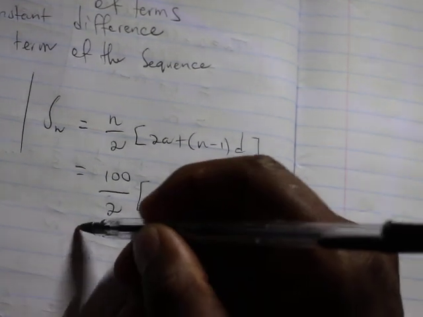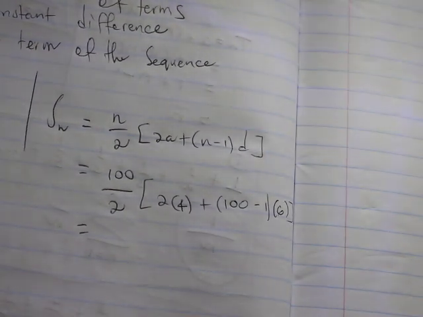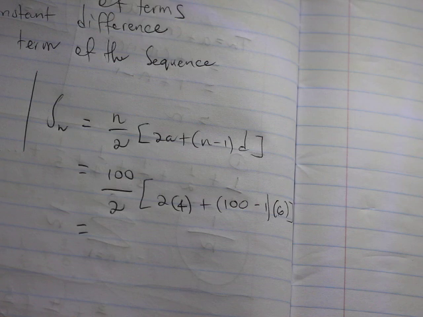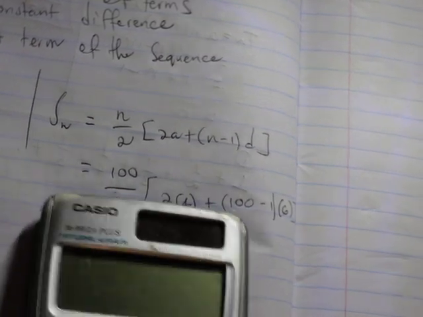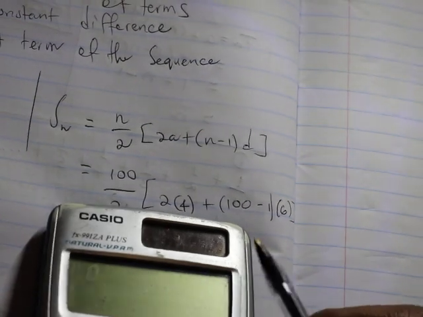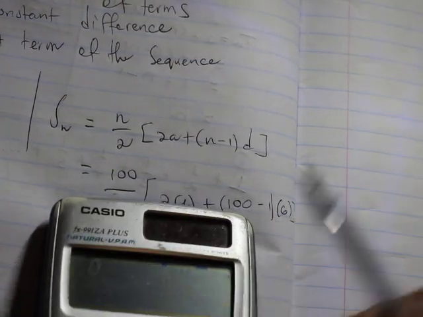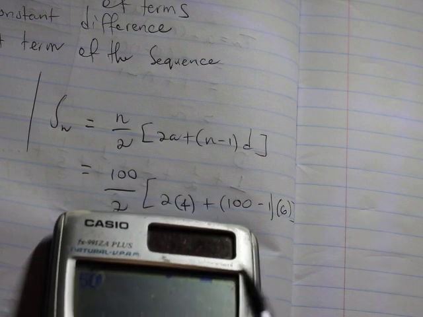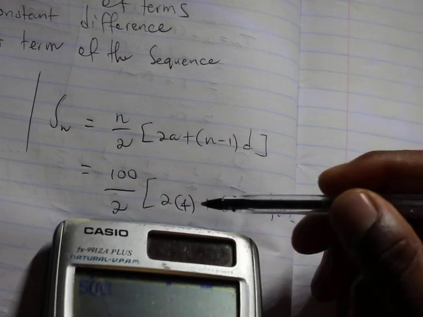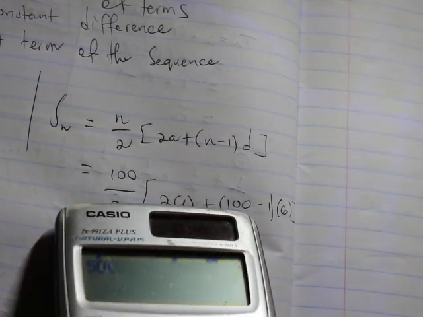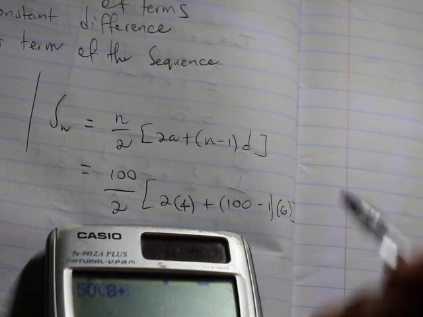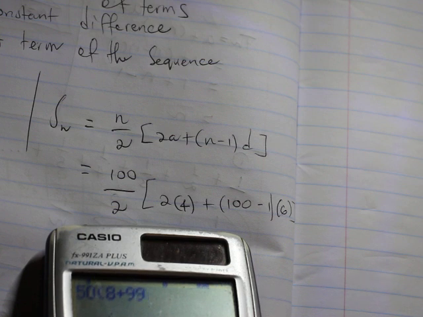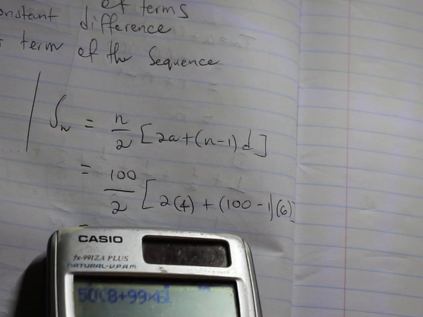Then we punch everything into our calculator and figure out what the sum is. 100 over 2 is 50, isn't it? 50 times (2 times 4, that is 8, plus (100 minus 1), that's 99, times 6).